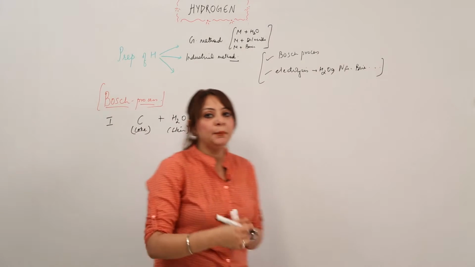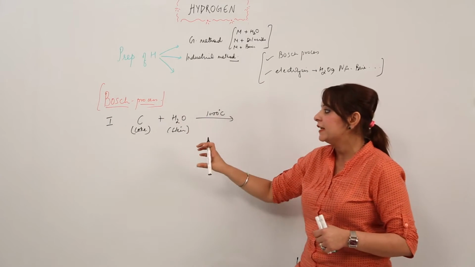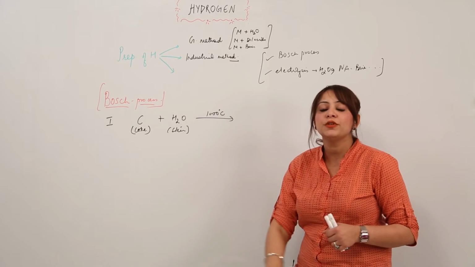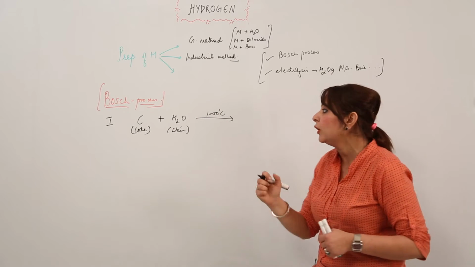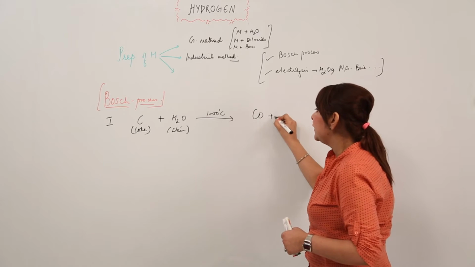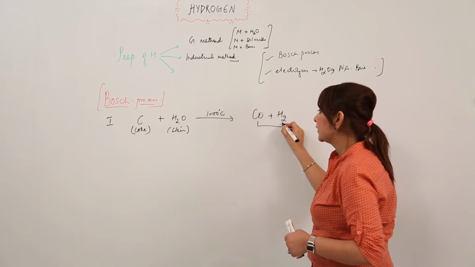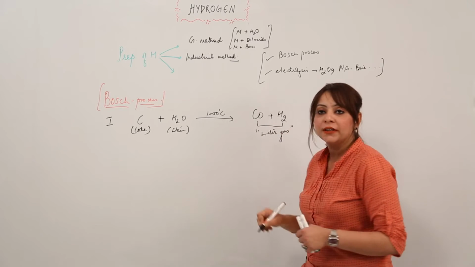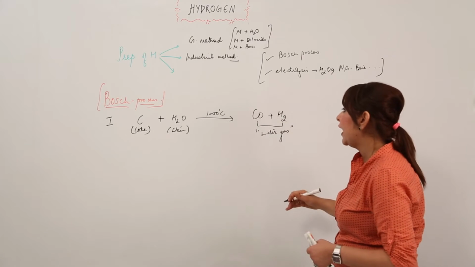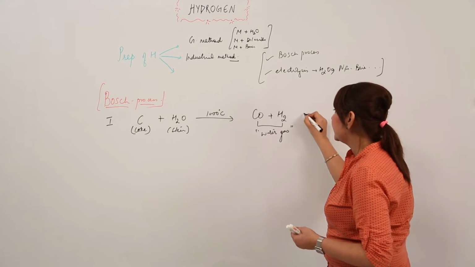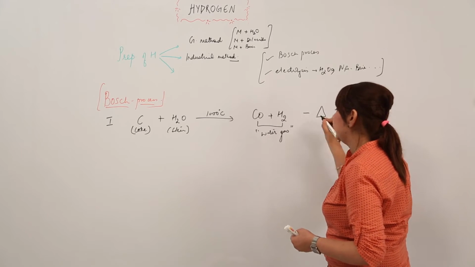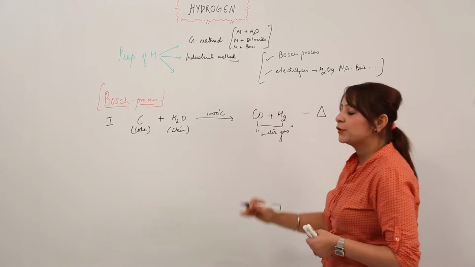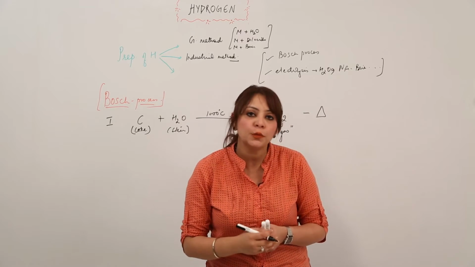When steam is passed through the powder form of coal, that is the coke, it leads to the formation of CO plus H2. It is water gas, and this reaction leads to a decrease in energy as well, right? This is the first reaction carried out in the Bosch process.